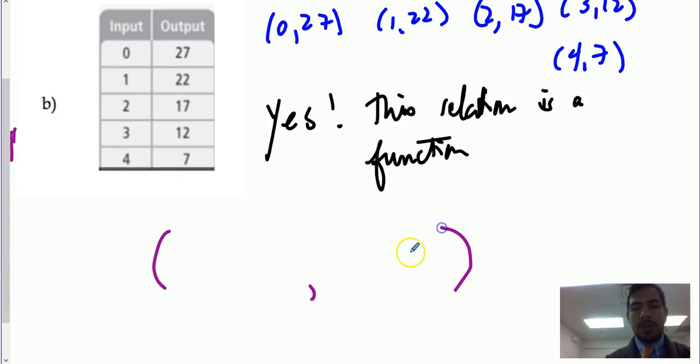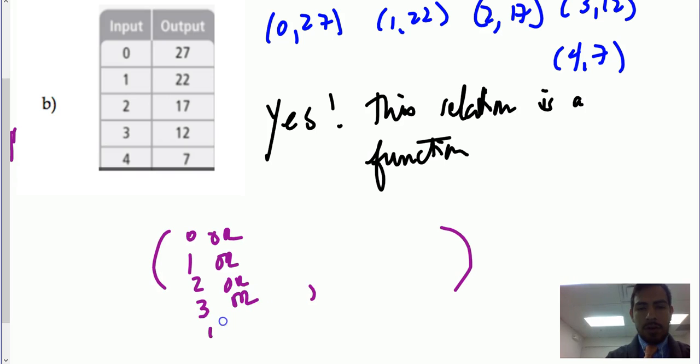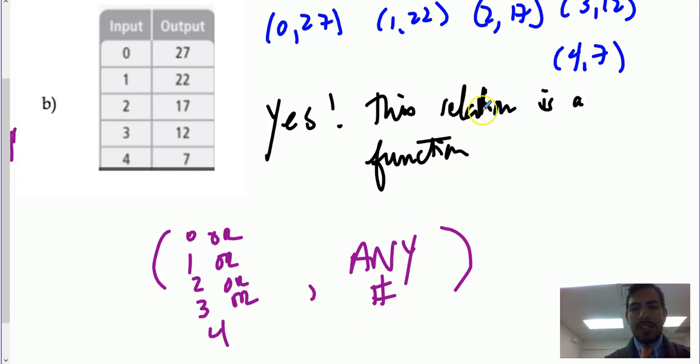If this is my coordinate, I could do 0, or 1, or 2, or 3, or 4. And in the y-coordinate, any number would be fine. But to make this relation not a function, I would have to put 0, 1, 2, 3, or 4, so that way one of the x's duplicates, and then any number here on this side would make it not a function.